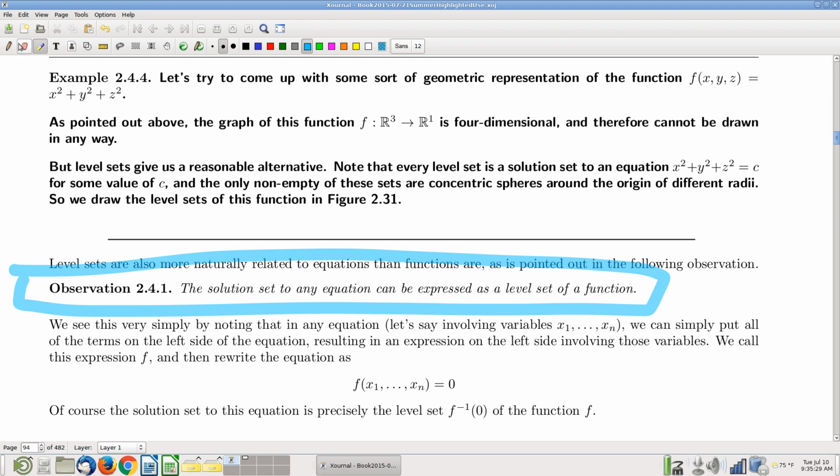This is an observation I've already made, in fact, that if you have an equation, stuff equals other stuff, you can just take the stuff on the right and subtract it over to the left-hand side, and the result is stuff equals 0, right? Which is some function equaling 0 means you're setting it equal to a constant, and it's a level set, right? So algebraically, this is not hard to see.